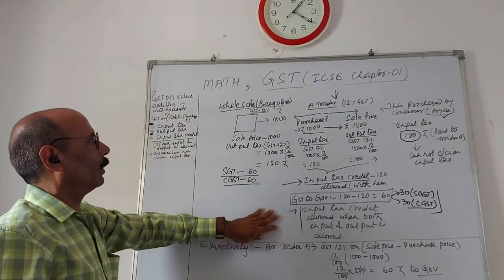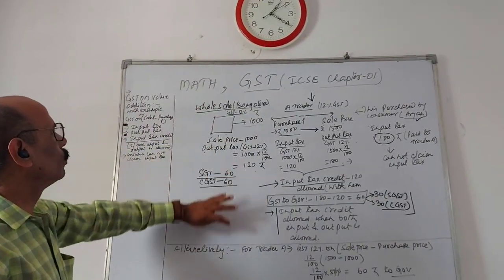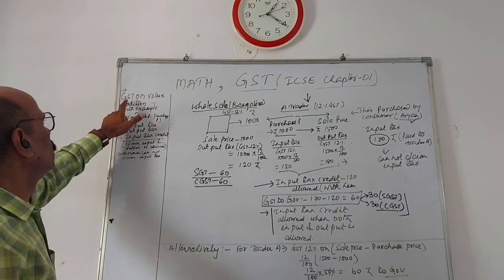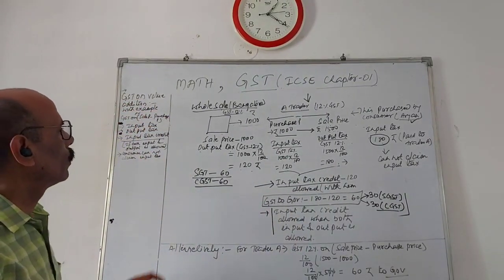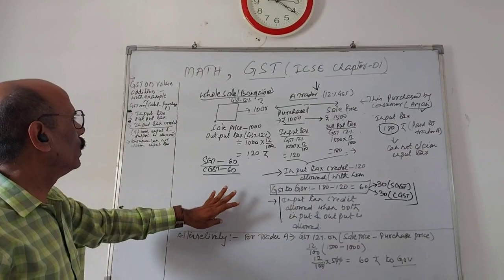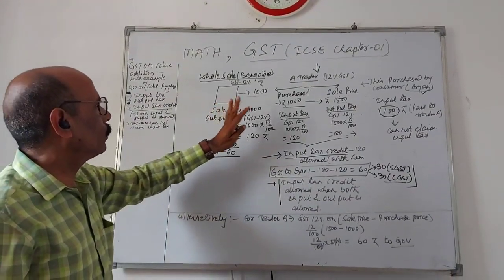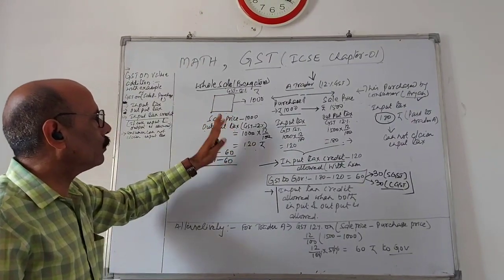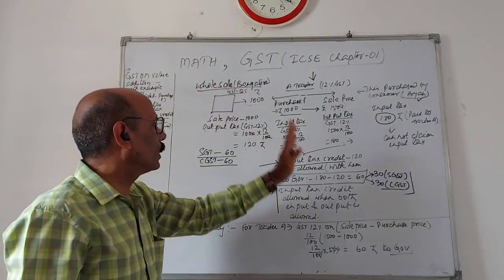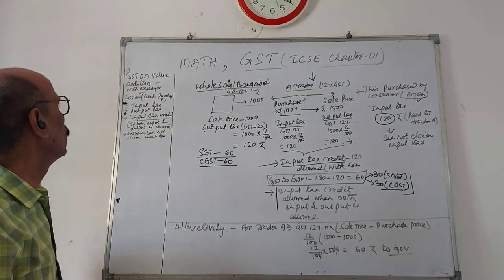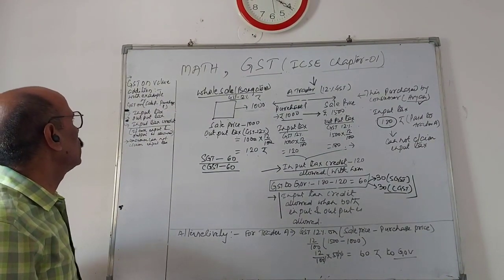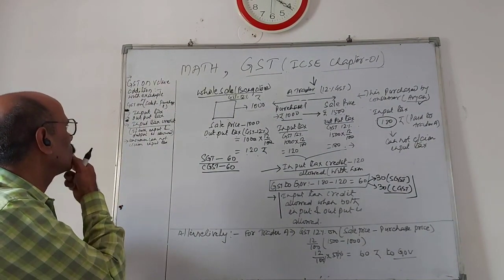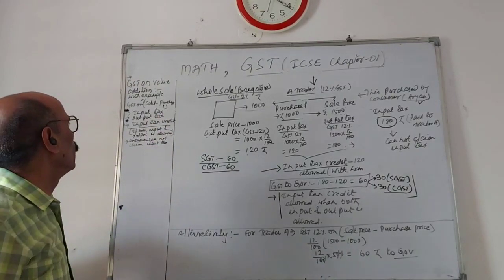So this is the case. In this example, you came to know the GST on value addition. GST on value addition means when any person is purchasing items and again selling the items. With the example, GST, sell, purchase, input tax, output tax, input tax credit, everything you understood.